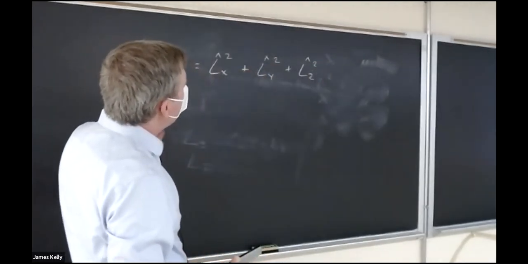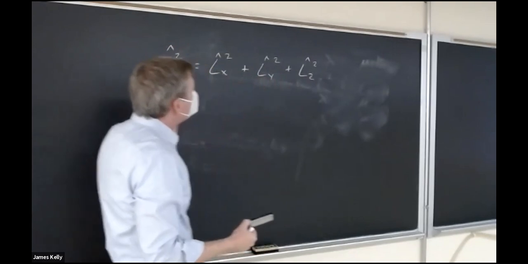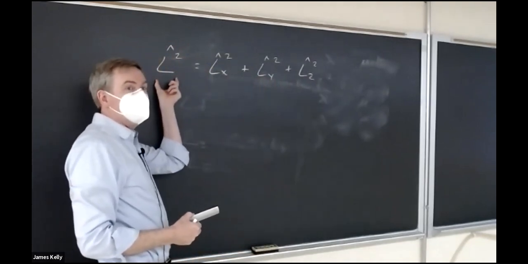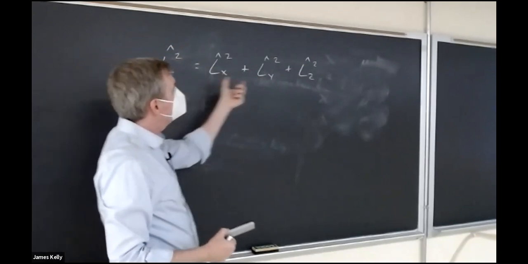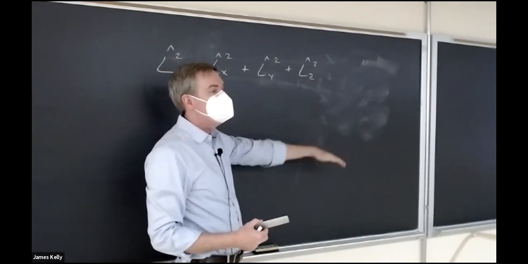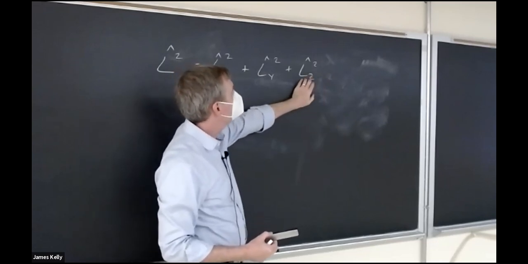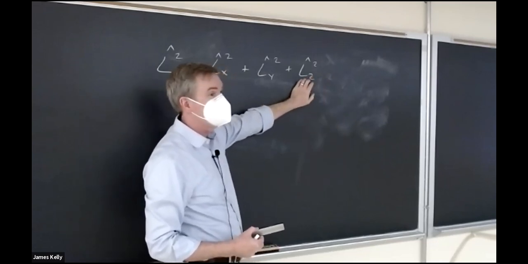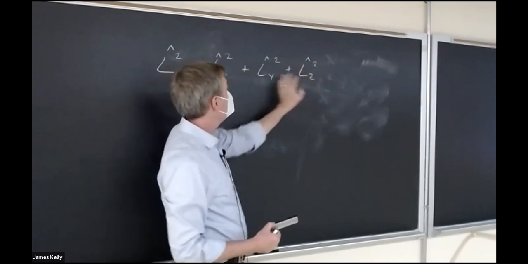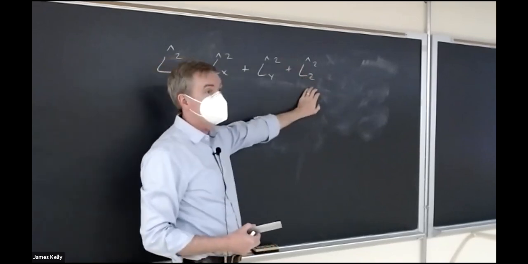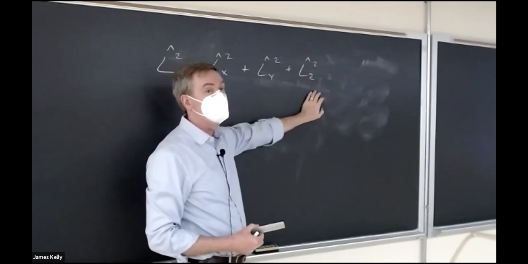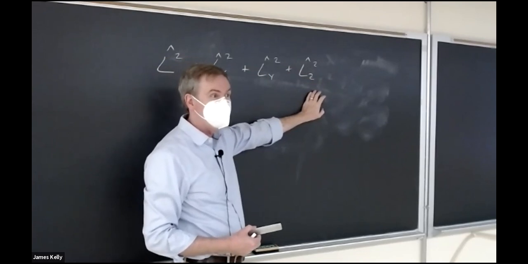And if we keep going up, L squared's eigenvalue, in other words, the definite value of L squared, is going to stay the same, but Lz is going to get bigger and bigger. So I keep getting states that have higher and higher definite values of Lz. Furthermore, all of these operators are Hermitian operators, so they have real eigenvalues, and that means when I square a real eigenvalue, I get a positive value.